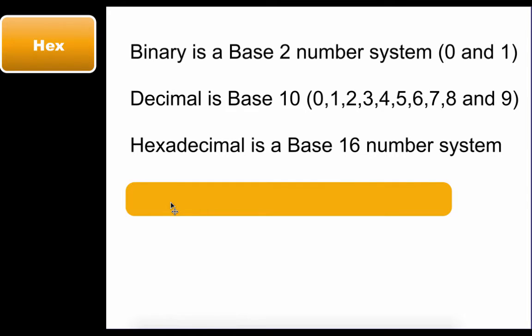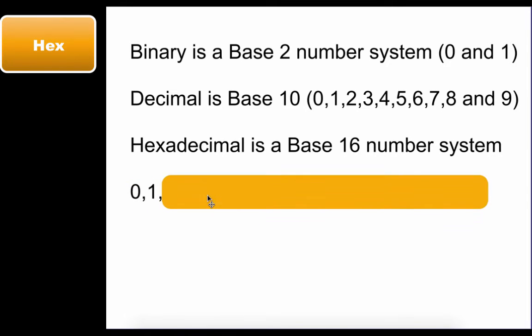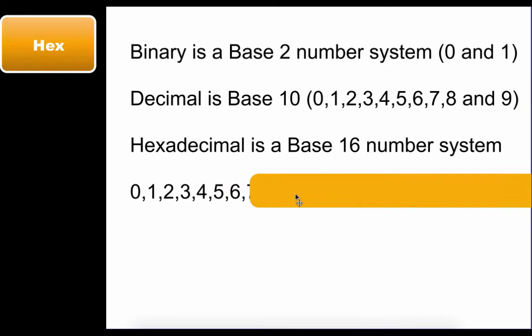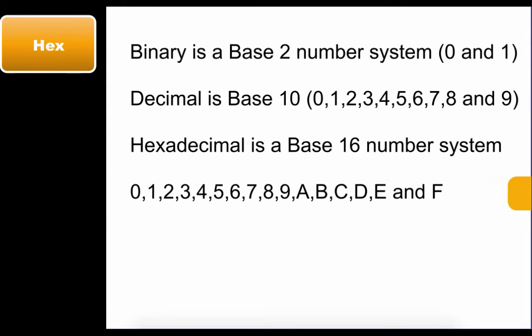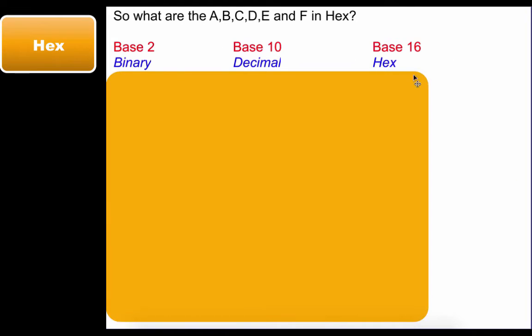It uses 0, 1, 2, 3, 4, 5, 6, 7, 8, 9, A, B, C, D, E, and F. So what are A, B, C, D, E, and F? Well, let's have a look.